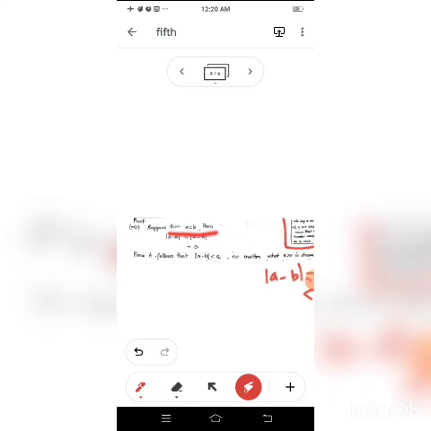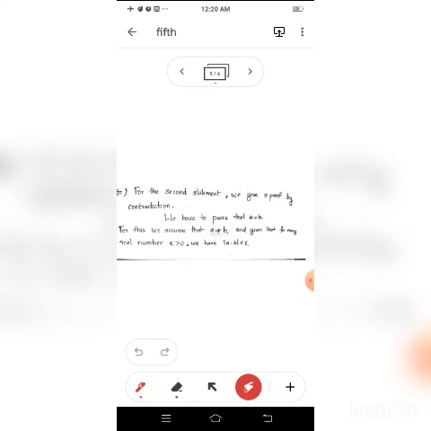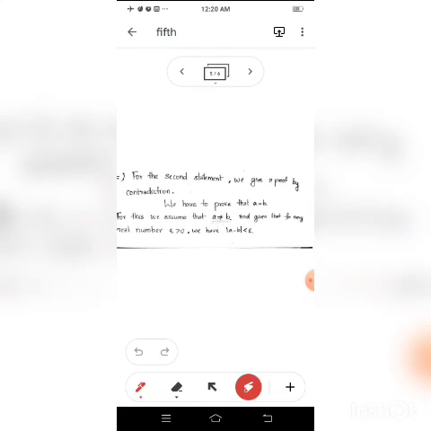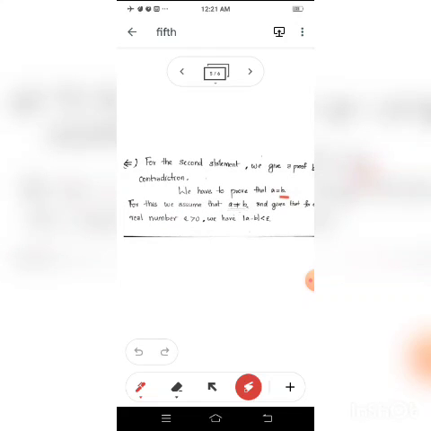Suppose that a equal to b, then modulus of a minus b less than epsilon is proved. Now the second part: we assume that modulus of a minus b less than epsilon, then we will prove that a equal to b. To prove this, we give a proof by contradiction.